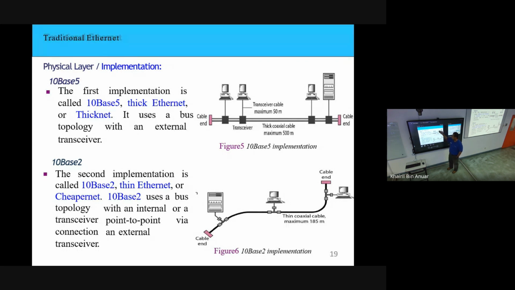You have to slice a bit of it, and then you can see the coaxial itself, and then you can connect it through this transceiver. So this is very old technology that was used. And you can see that you have the end cable, to stop the data from going through to the rest of the world.